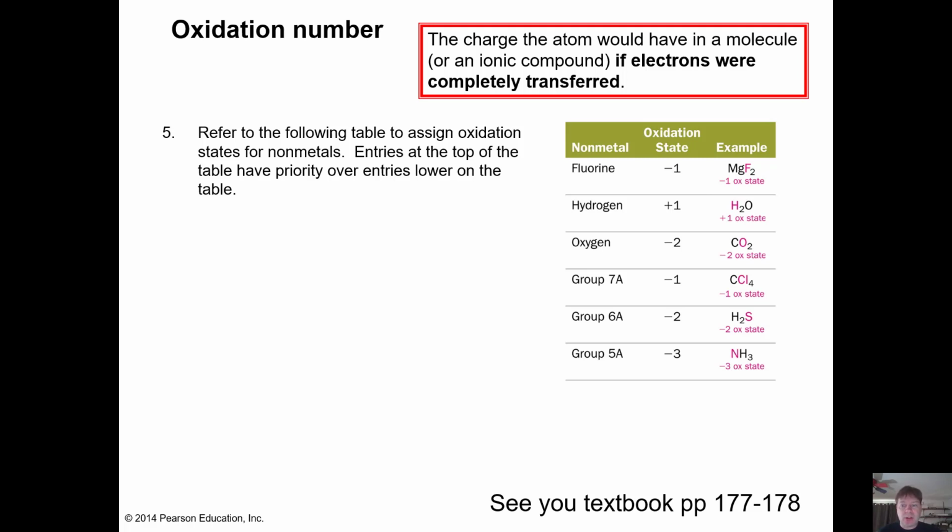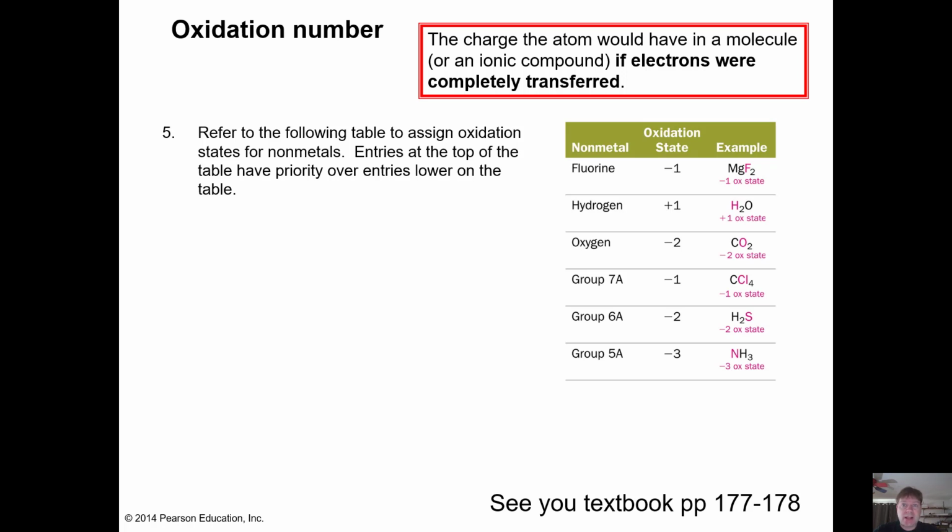If you look on the table itself, there shouldn't be anything that's really that surprising. These oxidation states match what we would expect for charges if these were present in ionic compounds. What I do want you to pay attention to is the order. The order here does matter. The thing that is higher on the list has a higher priority.